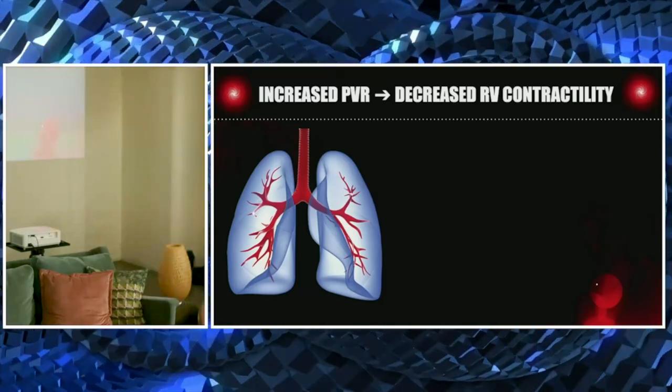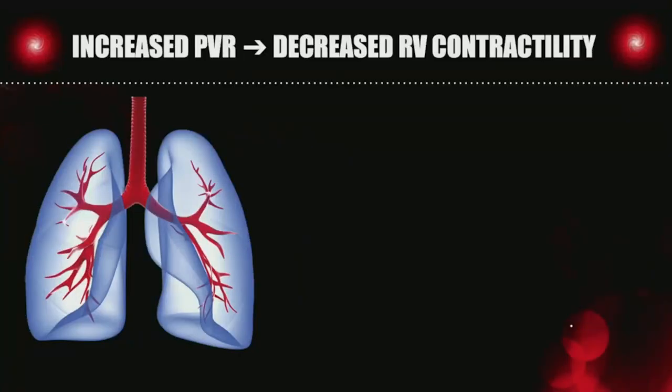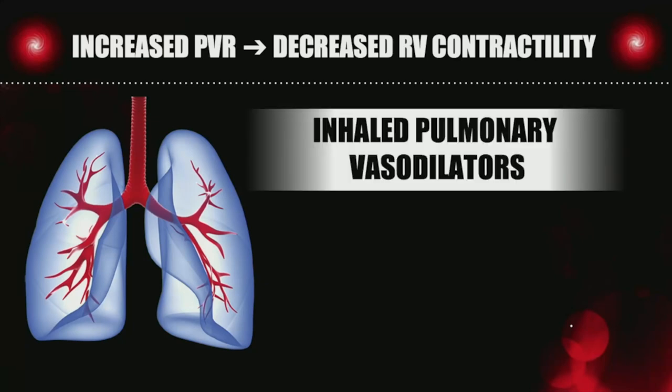Other things that I feel we're a little bit intimidated about in the emergency department, that you might want to do in consultation with another specialist, are inhaled pulmonary vasodilators. So the first part of that death spiral we talked about is the increased PVR, the increased pulmonary vascular resistance. So these are actually pretty safe medications that you can give that will directly act on that, and it'll dilate your pulmonary vasculature.